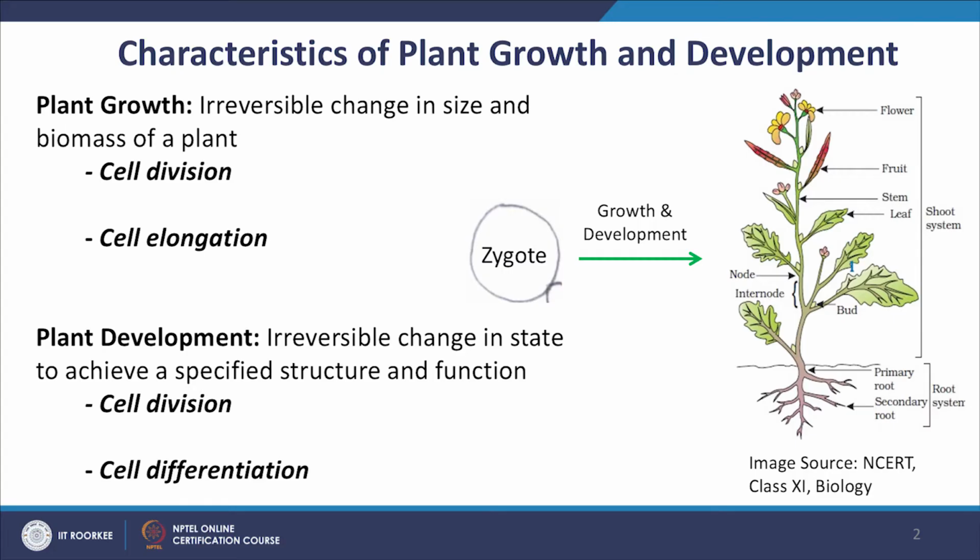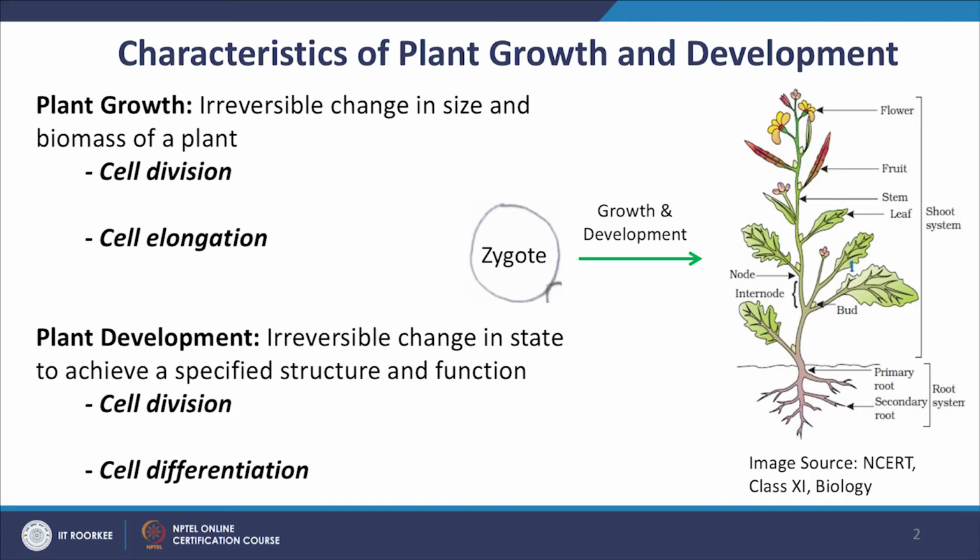The entire process from a single cell to a multicellular structure is called growth and development, and it is very important that in plants both growth and development are highly coordinated. It is because the development is mostly post-embryonic.